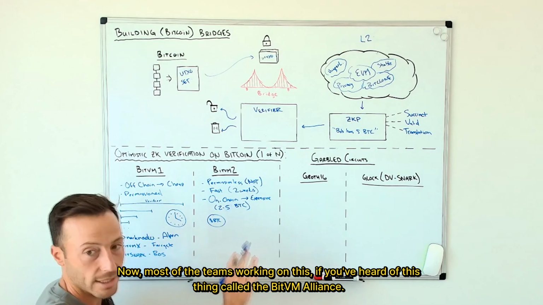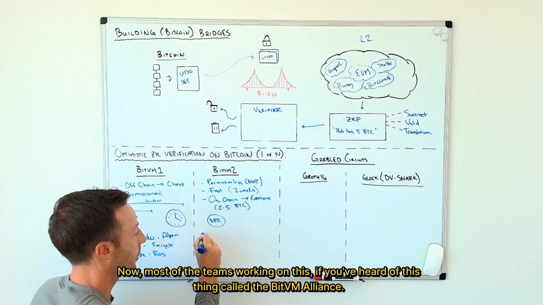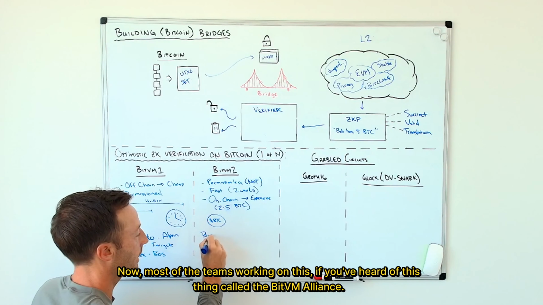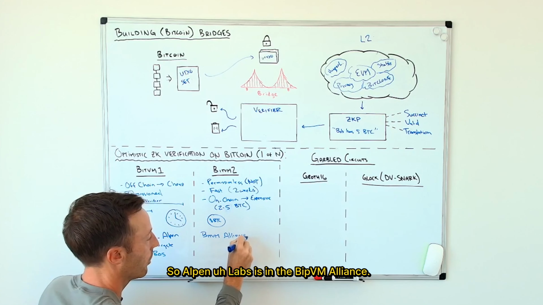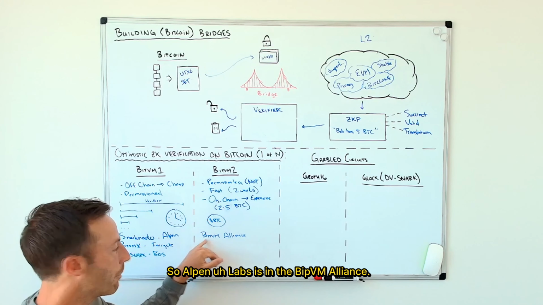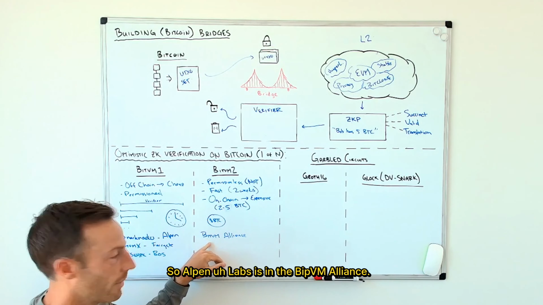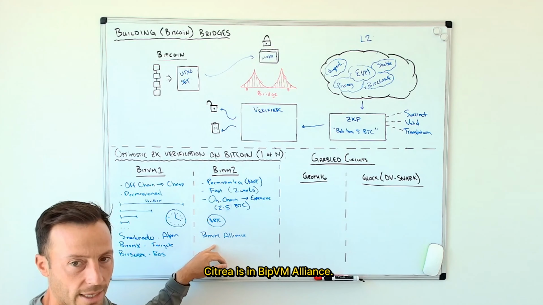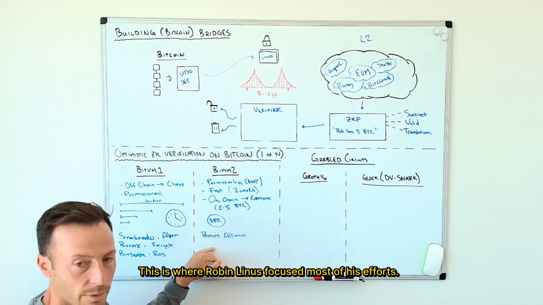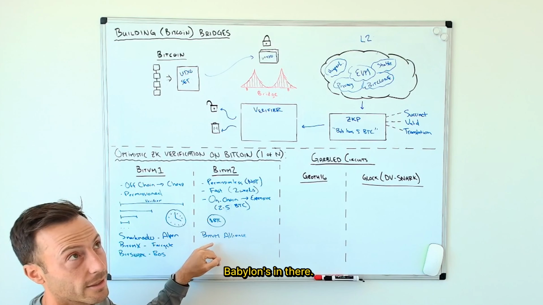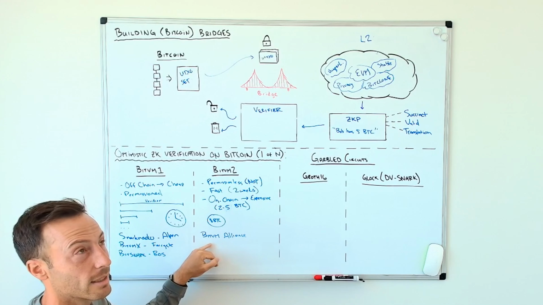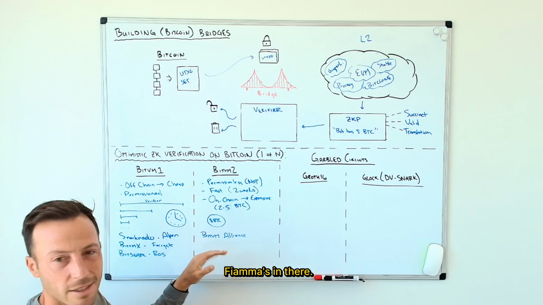Now, most of the teams working on this are in what's called the BitVM Alliance. Alpen Labs is in the BitVM Alliance. Seroy is in BitVM Alliance. This is where Robin Linus focused most of his efforts. I think BitLayer's in there, Babylon's in there, Bob is in there, Fiamma's in there.